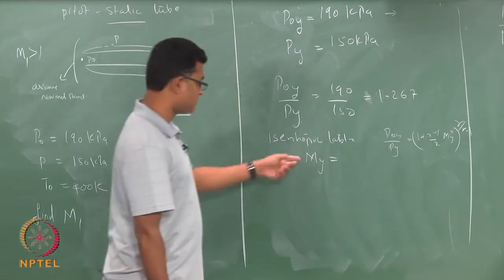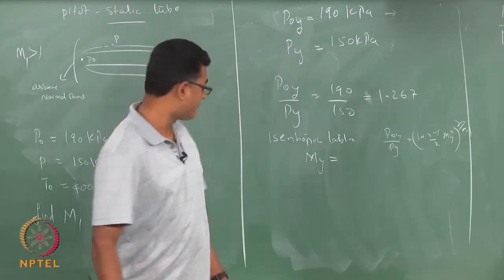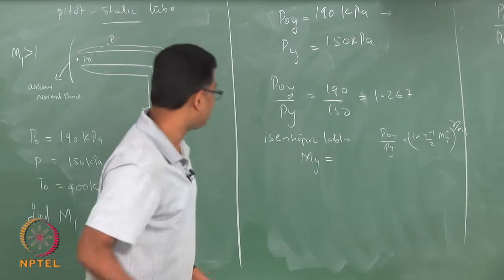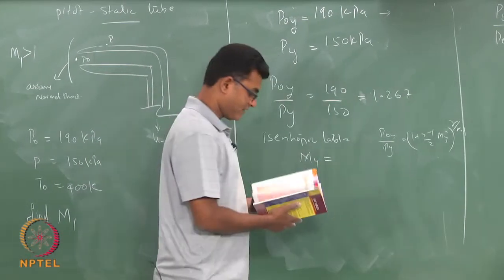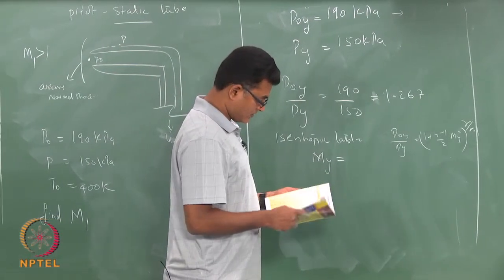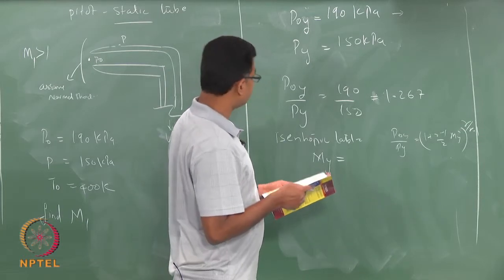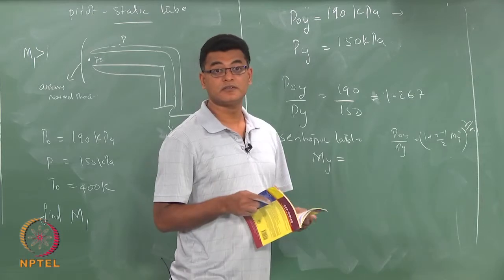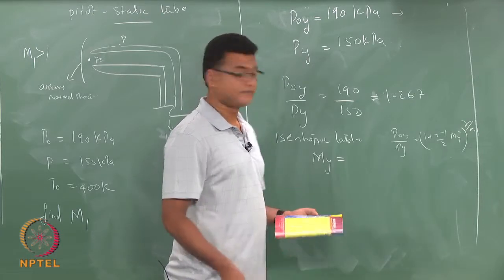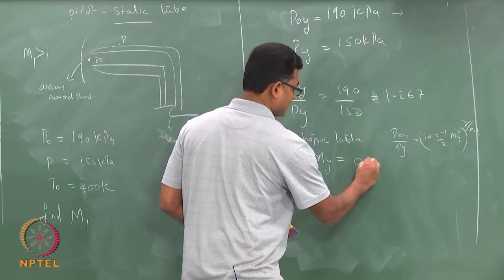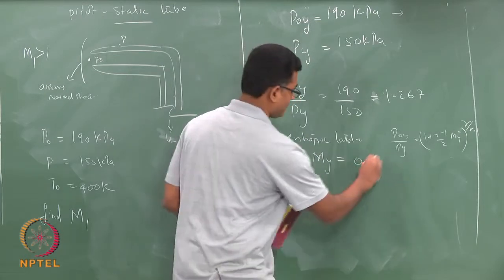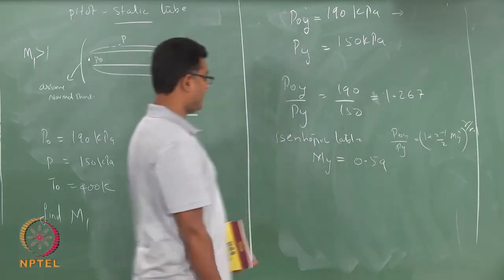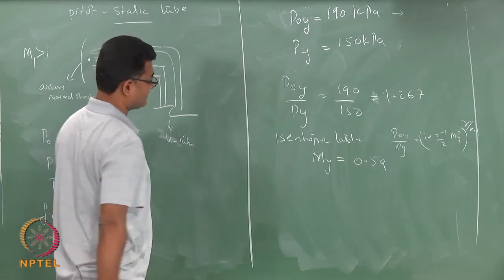Or use your isentropic tables to find the Mach number My, that is after the shock. So My for this particular ratio is 0.59. So that is your Mach number after the shock.